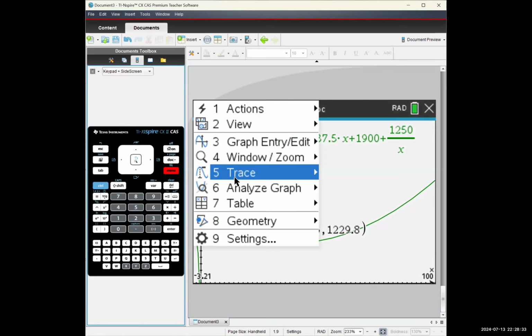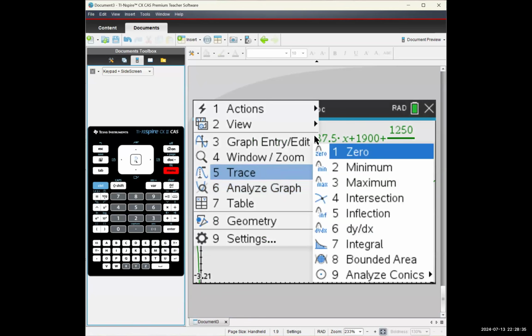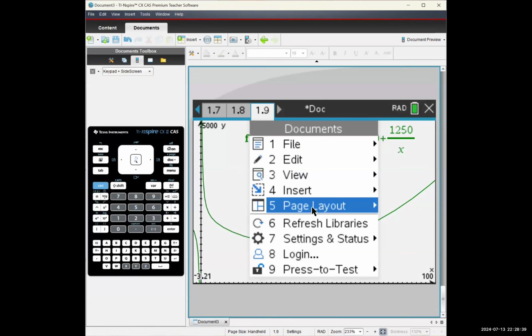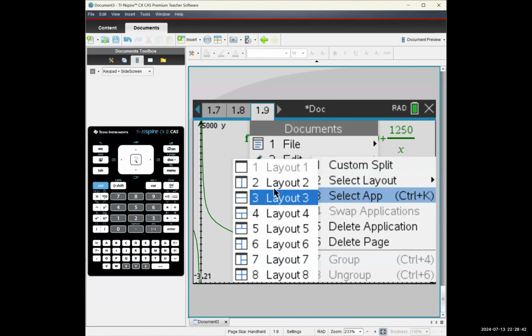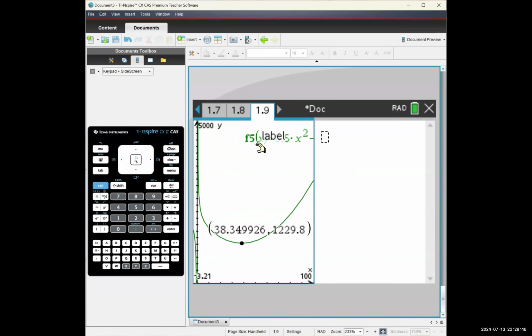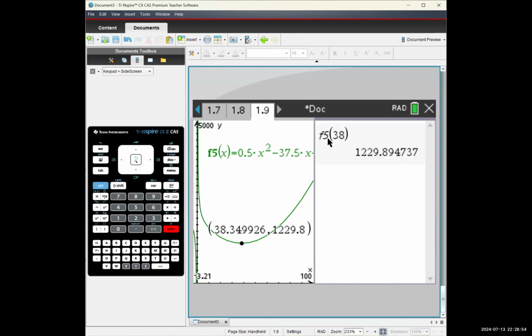So what I'm doing here is I make a comparison. I make a reasonable comparison here by splitting the page side by side. And I've defined the function, or actually I've sketched the function as f5 of x. I'm going to say f5 of 38, Control Enter. This is the cost. And I can also evaluate 39, f5 39 here.